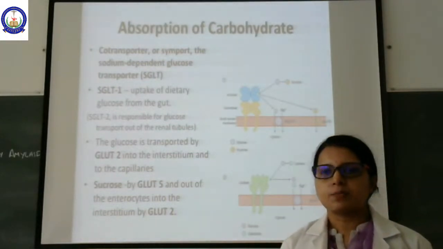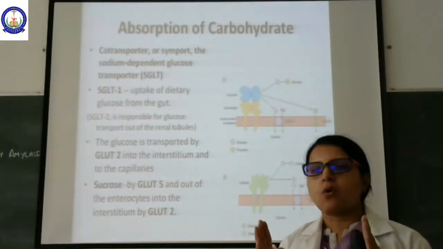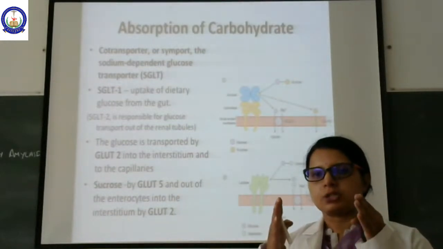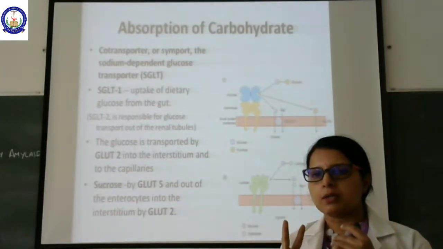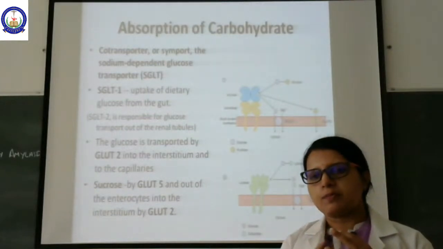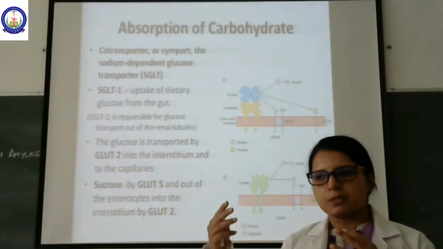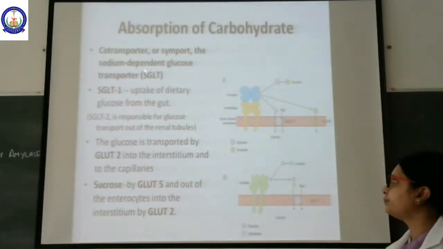What is co-transport mechanism? This you have already learned in transport mechanisms. Co means in the same direction. Co-transport means here two molecules will be transported in the same direction. Symport means the same, two molecules transported in the same direction.